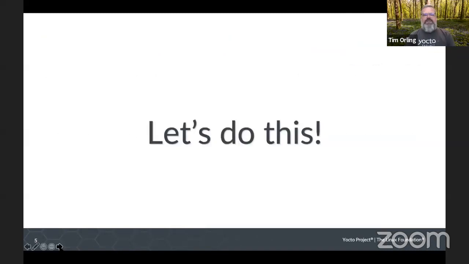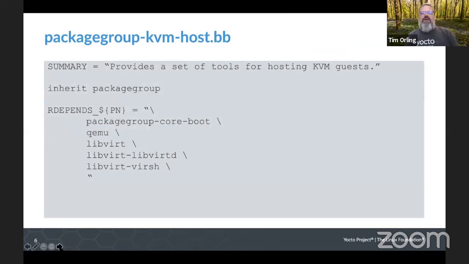So let's do this. What do we need to do? Well, I'm going to very much shorten down what I would have had. I have a lot more material than this. It'll eventually be posted. But the first thing I wanted is just a package group that adds what I need to an image. So I need QEMU built for the target.